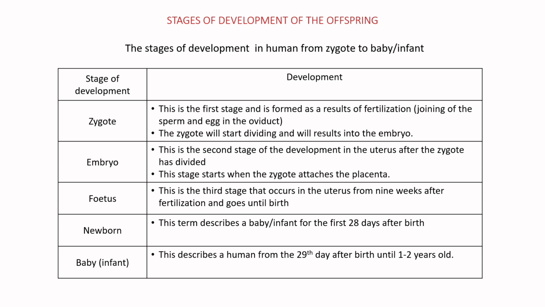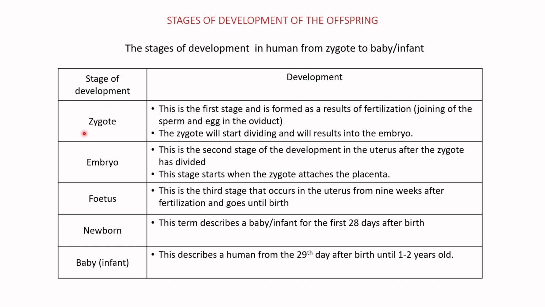So the stages of development in a human, from zygote to baby or infant. We start, the first stage of development is the zygote, when the egg meets with the sperm.